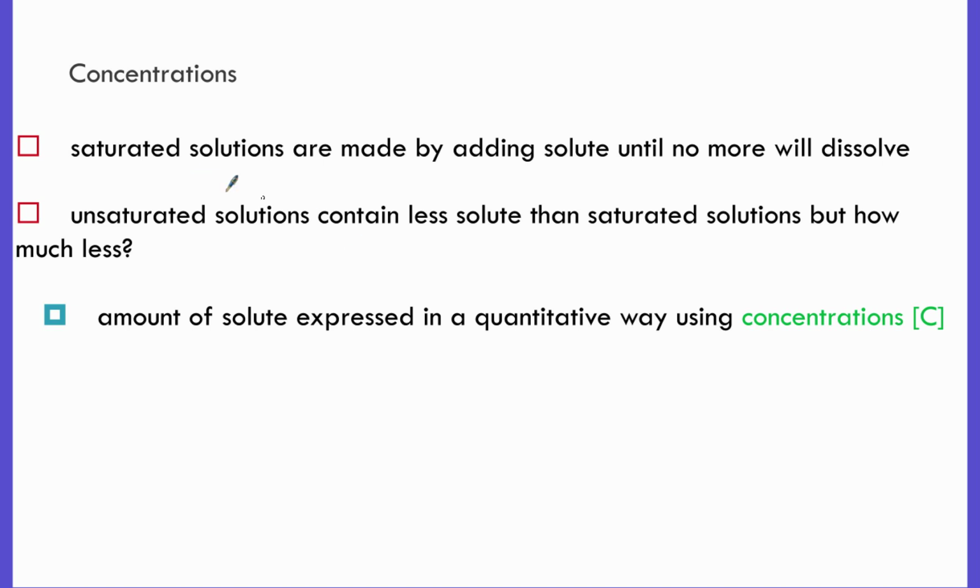But otherwise, unsaturated solutions are a little harder to define, and that's what we're going to be worried about. So if it's not saturated, exactly how much is in there, that's when we're going to need to start talking about these concentrations. So you need to know that we can express the amount of solute dissolved in whatever solvent, usually water for our cases, right, using concentrations.